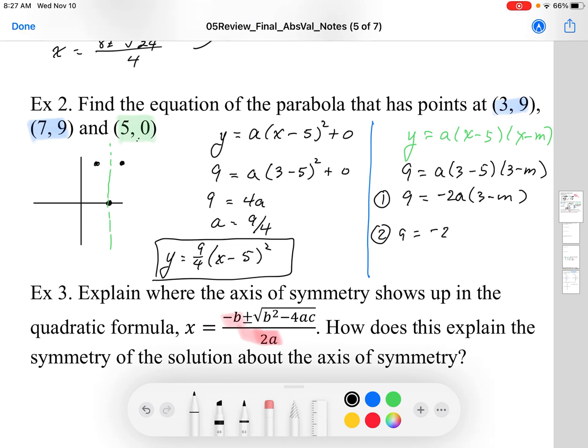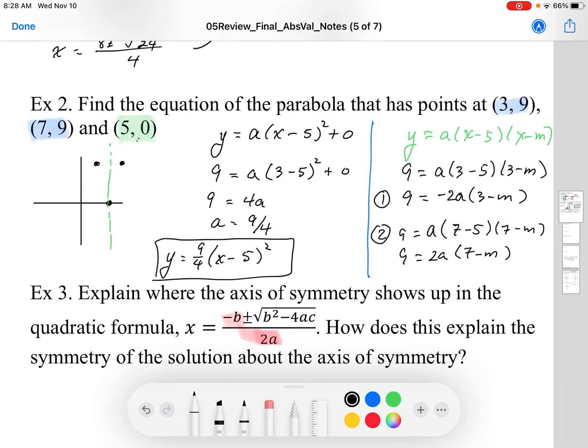So I end up with 9 is equal to, I'm just going to plug that in, a times (7 minus 5) times (7 minus m). That simplifies to 9 is equal to 2a(7 minus m).